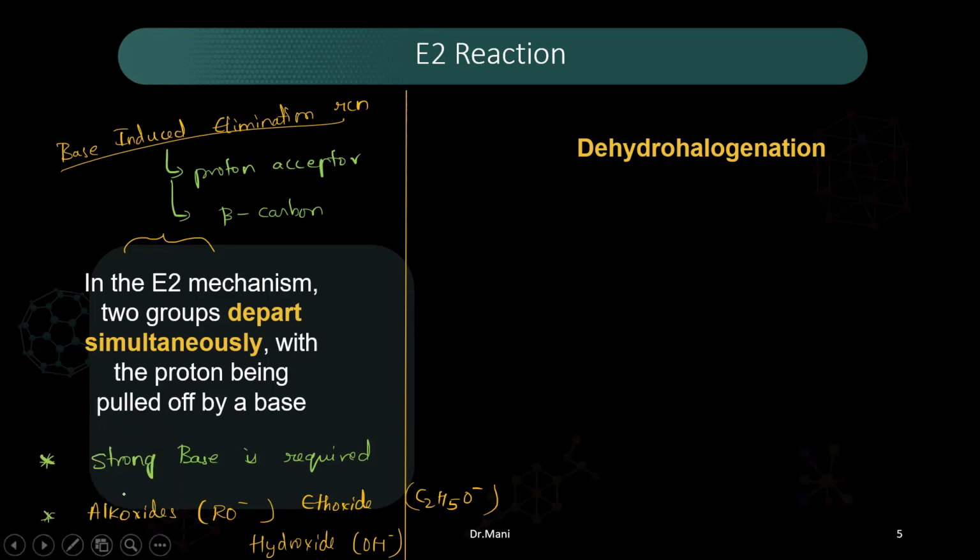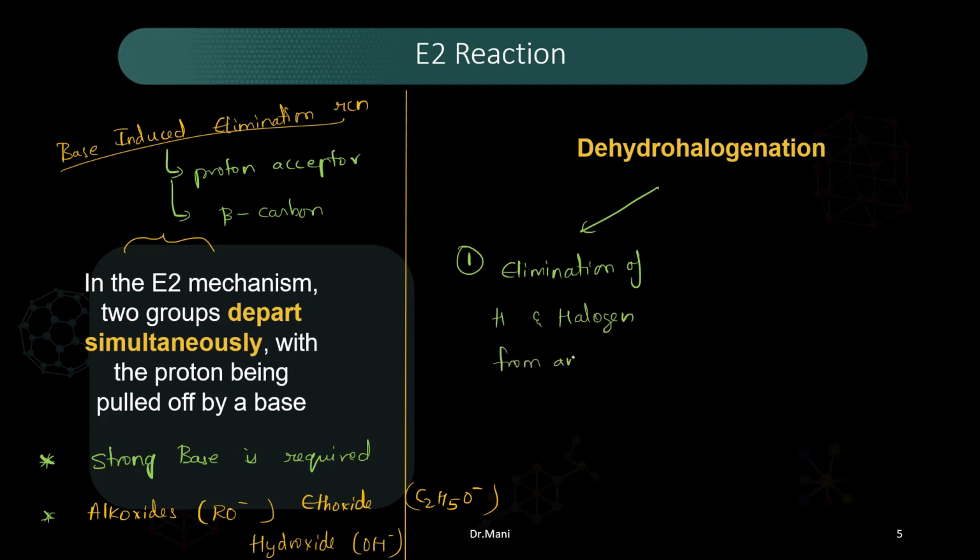So remember, this is a dehydrohalogenation, which will be taking place in two steps. One, elimination of hydrogen and halogen from an alkyl halide to form an alkene.